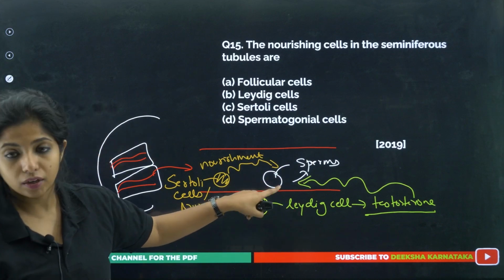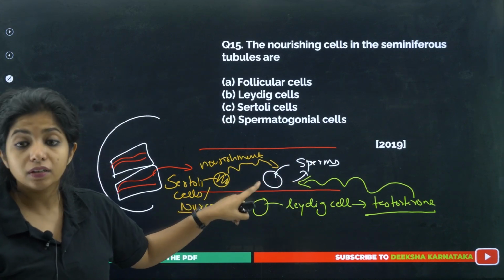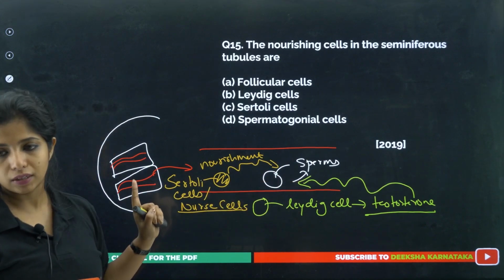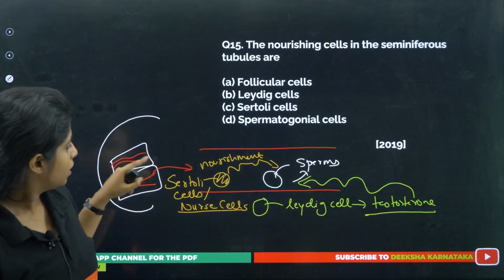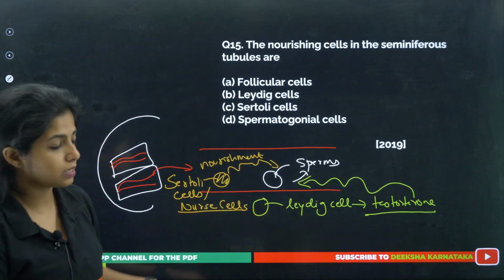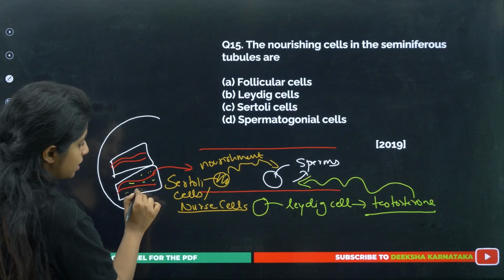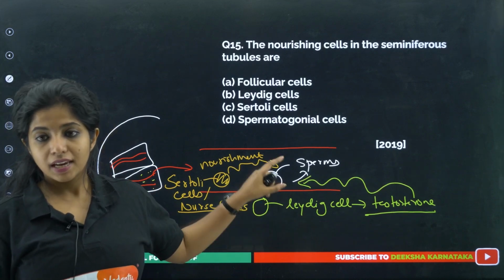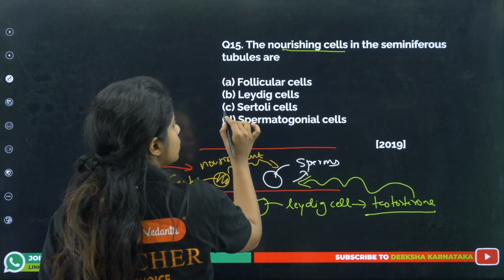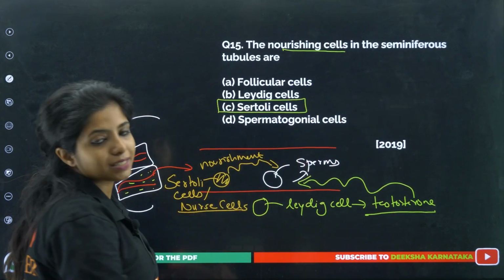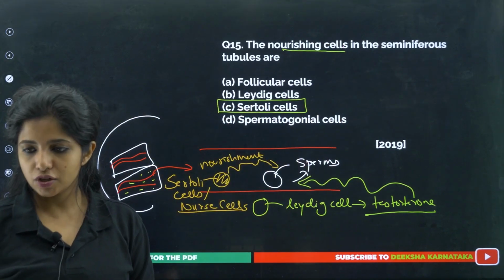Without testosterone, you cannot have the formation of sperms, and over here it needs nourishment also, that is provided by Sertoli cells. So please understand, outside the seminiferous tubule you have Leydig cells, between this space which is known as interstitial space. This space that you see over here is known as interstitial space, where you have the Leydig cells. Inside you have Sertoli cells. The question is, the nourishing cells in the seminiferous tubules, it is what? Sertoli cells. 2019 question, my dear children.